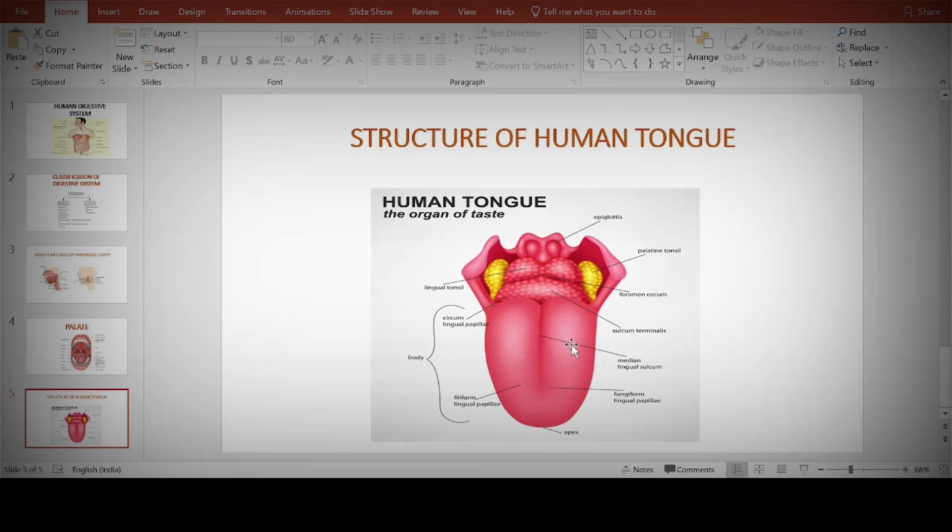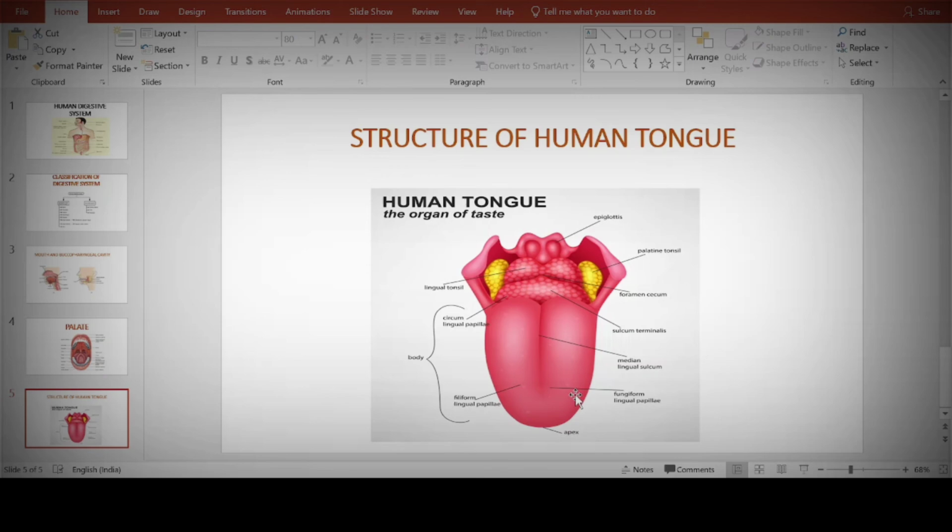So first let's start with fungiform papillae. How can you identify a fungiform papilla? You just need to observe your own tongue. When you roll out your tongue, you can see pink colored small structures that are somewhat spherical in shape.